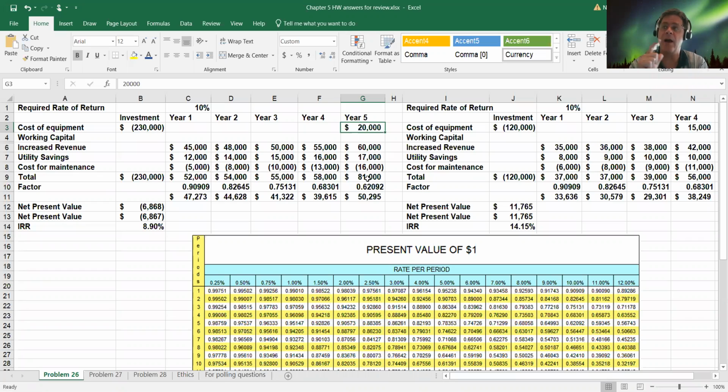Now, I also noted that somebody had put this positive cash flow into year 6. That's technically a little bit different than what the problem says, but not a big deal. So you'll get a slightly different answer here, but I don't think it will change your decision.